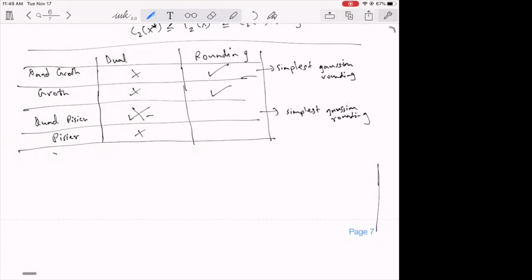On the other hand, Grothendieck's rounding algorithm is somewhat non-trivial and nuanced. In a similar vein, PCA's rounding algorithm is quite non-trivial and nuanced. Another interesting feature of PCA's rounding algorithm is that it's not instance oblivious.